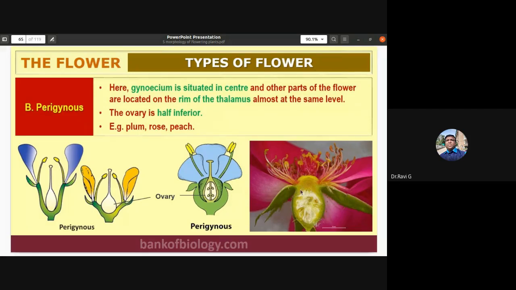So you can notice this condition of semi-inferior ovary where the calyx, corolla, and androecium are arising from half of this cup-shaped structure, and half of the ovary is below and half is above the cup-shaped structure. So this condition we call perigynous flower. The ovary is semi-inferior or semi-superior.